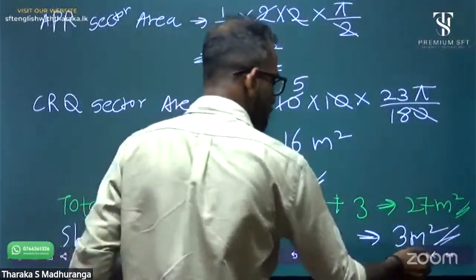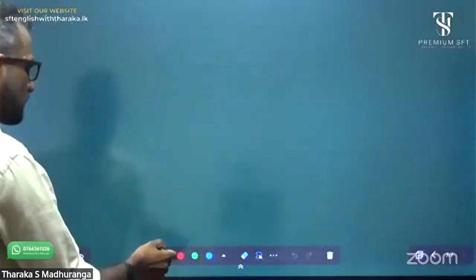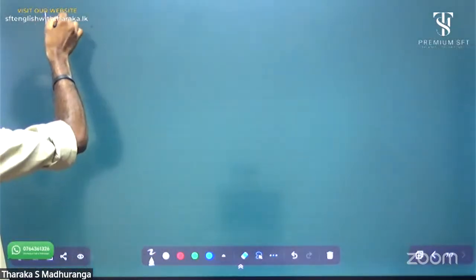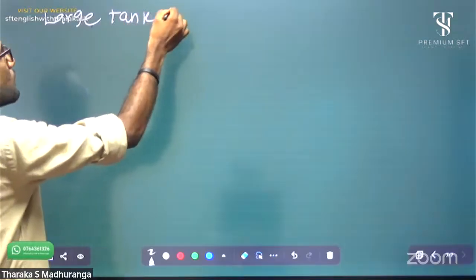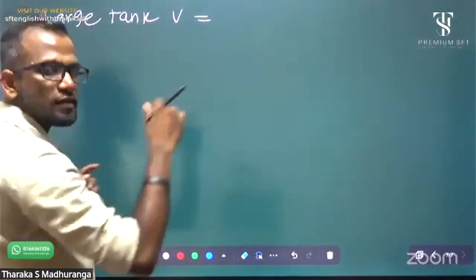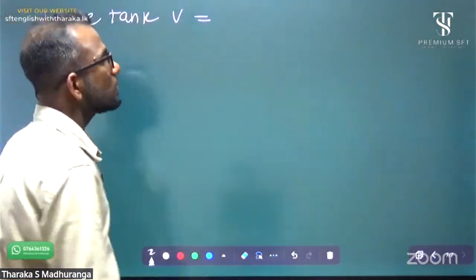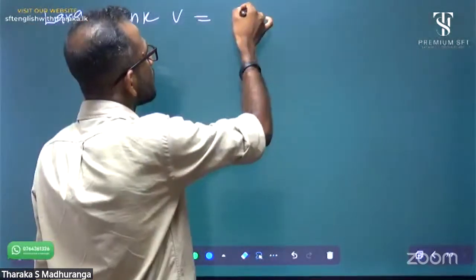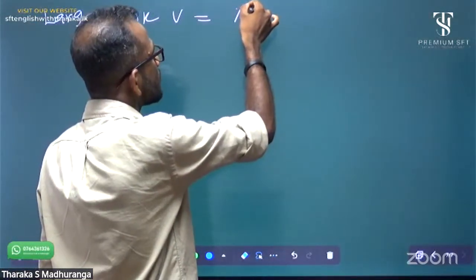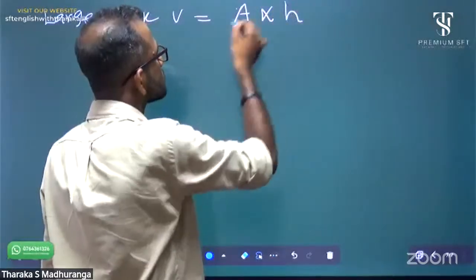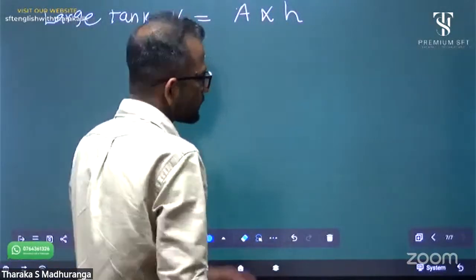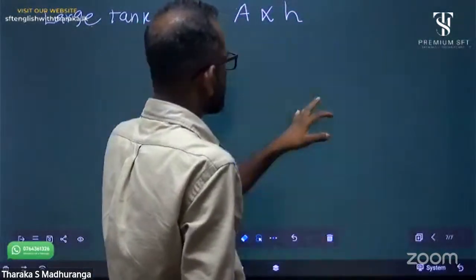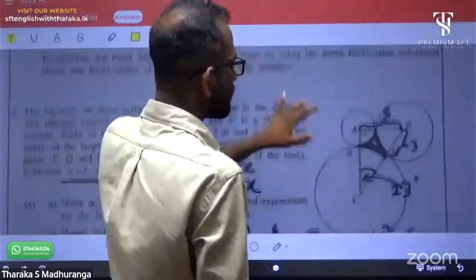Okay, it's a very simple question. Large tank volume equals base area into height. The radius is 10. The base area is a circle. This is the large tank base.